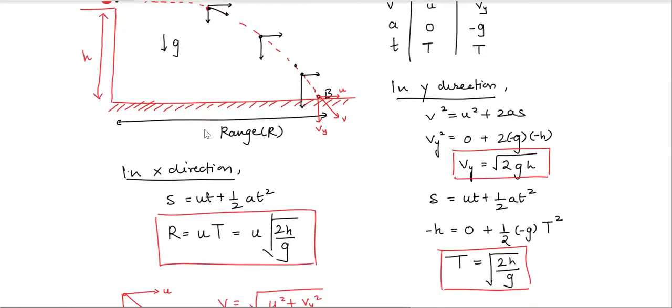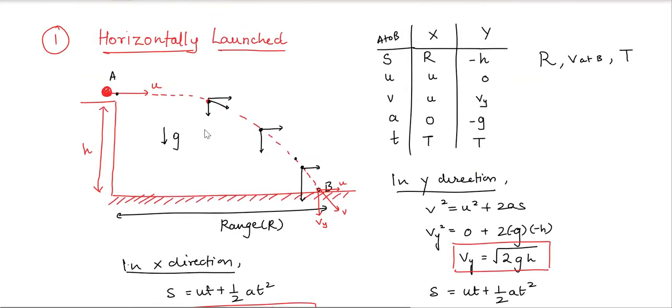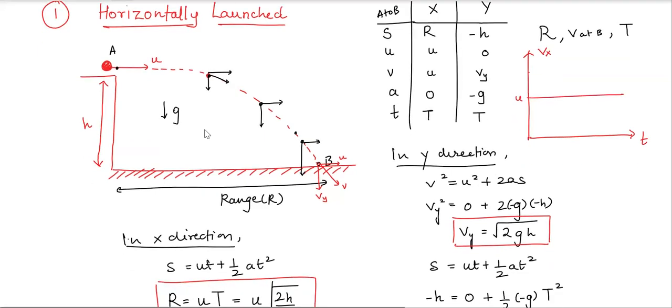Now we can also plot a graph of how the velocity is changing with time. The velocity will have an initial value. If I'm plotting my horizontal velocity, it will be a constant at u, because it won't change over the period of time.